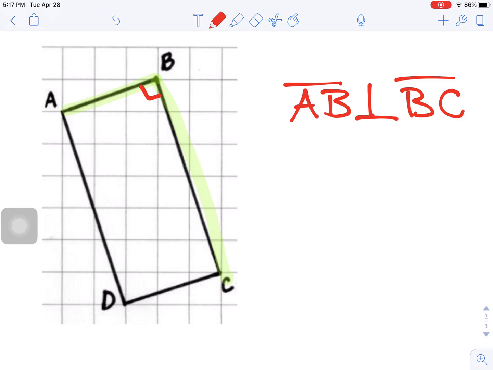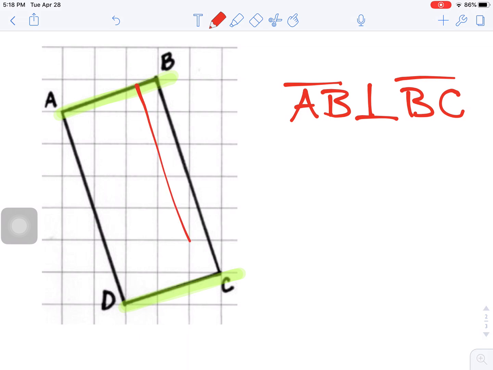Since line segment AB and BC are perpendicular, I know that line segment AB and AD are also perpendicular because they also meet and make a right angle. But are there any line segments on this figure that are parallel? Well, I notice that AB and DC are an equal distance apart.